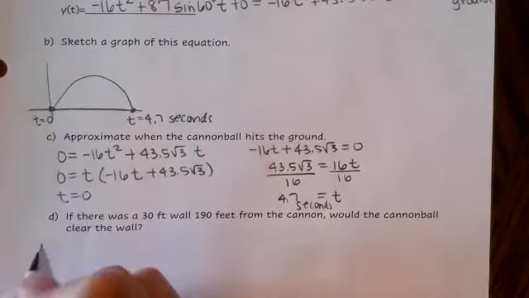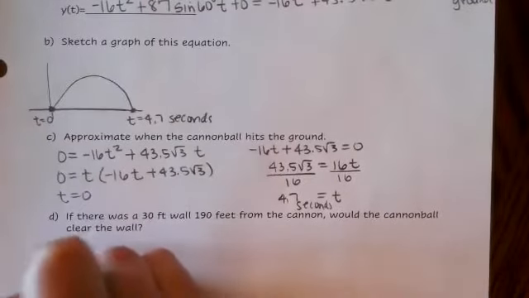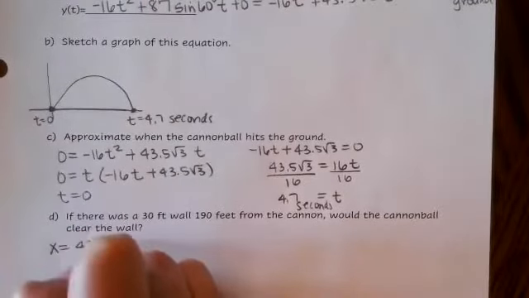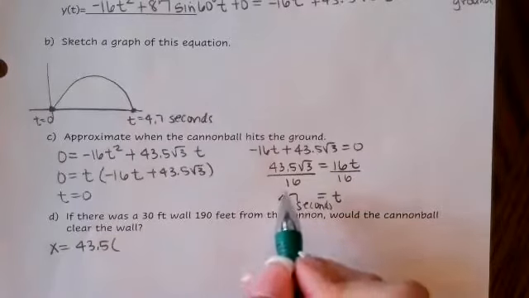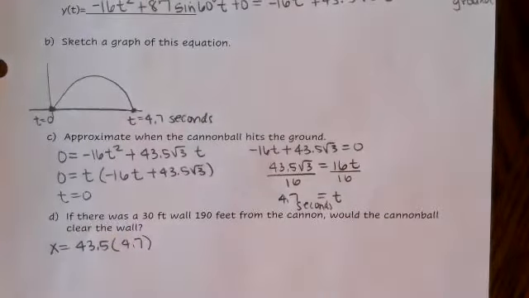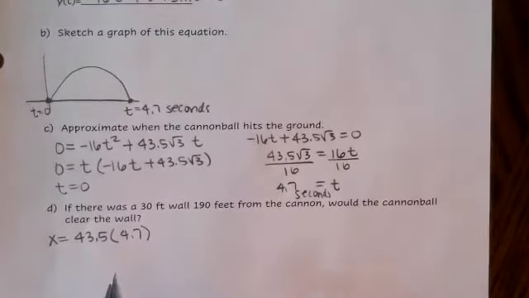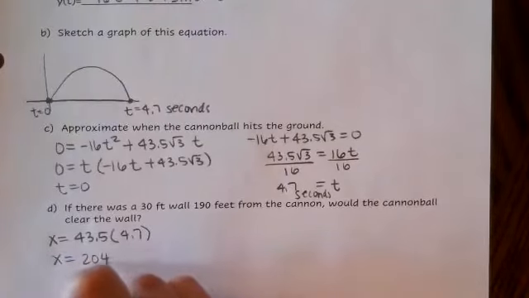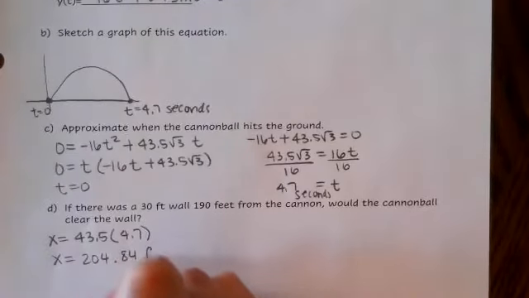So our horizontal was x equals 43.5 times the time. And we know it took 4.7 seconds to get back on the ground. So we want to see how far it went there. Again, this is one that you can plug into the calculator. So you would get 43.5 times that 4.7, which is 204.84 feet.